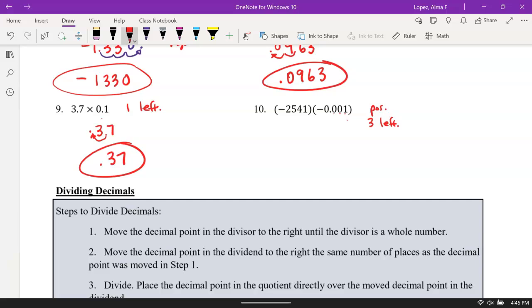When you're multiplying by a tenth, a hundredth, a thousandth, you move it to the left. So now I'm going to take the 2541. If it doesn't show a decimal, it's assumed to be at the end. Let's move it 3 to the left. 1, 2, 3. Here's where my new decimal place goes. We said it was positive, so my answer is 2.541.